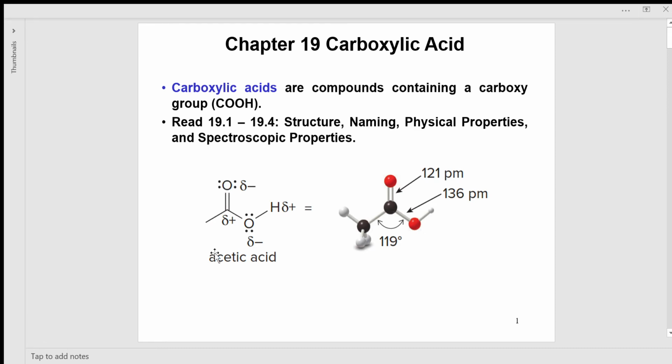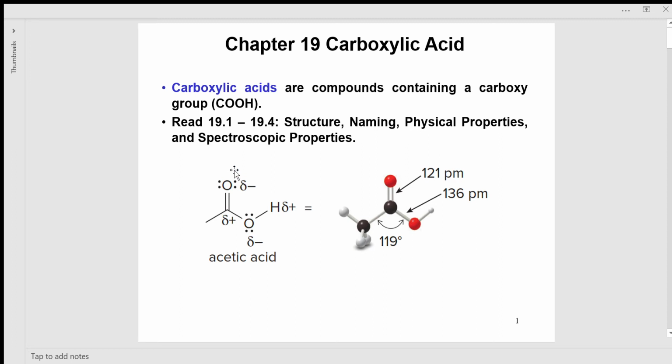This is the structure of carboxylic acid. It's the whole thing here: carbon, oxygen, carbonyl group plus OH group. In this type of configuration, the whole thing is considered a functional group. It's called a carboxylic acid.